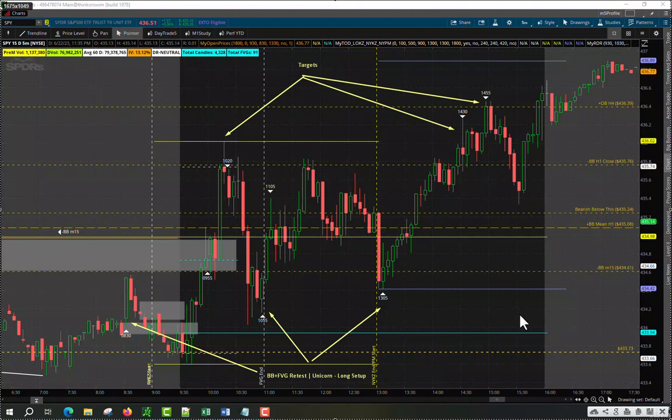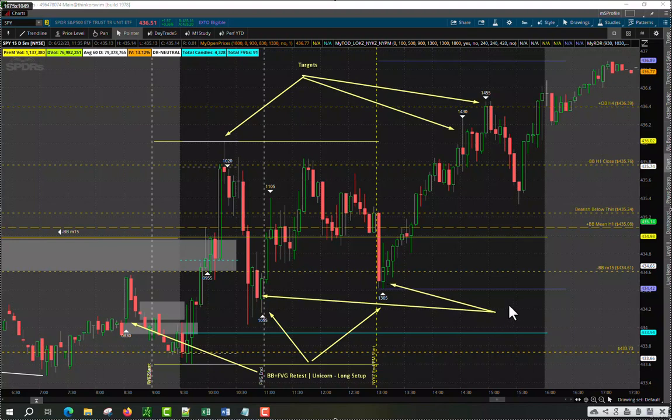Okay, another setup that overlaps right here, which is right here, the order block, and this is our entry, right?